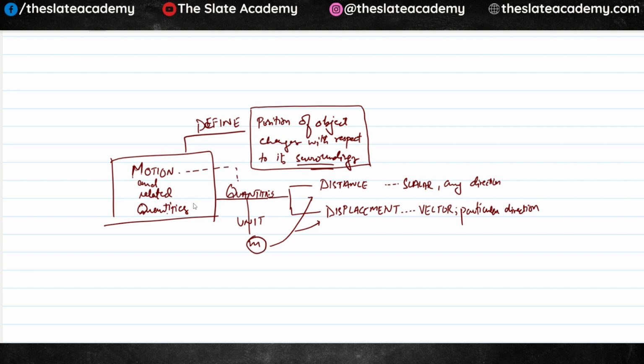As for the related quantities to motion, now these are quantities which are derived using motion. Okay, so the first derived quantity that we study is velocity.